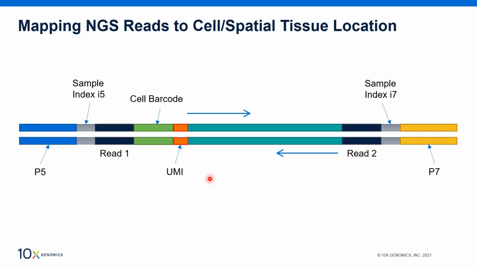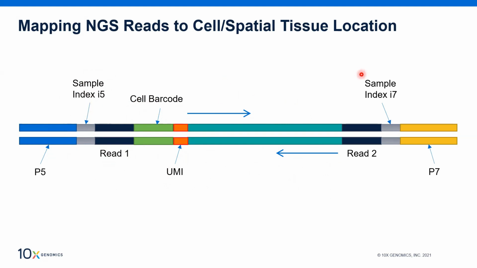Ultimately you will know how many molecules were captured, from which cell, and from which sample the data is coming. These are the sequencing reads, standard to Illumina sequencing chemistry. So: which gene, how many copies of that gene or molecule we captured, from which cell, and from which sample.